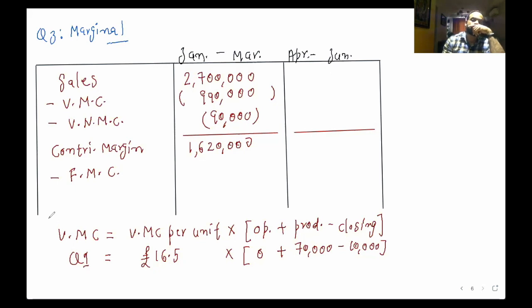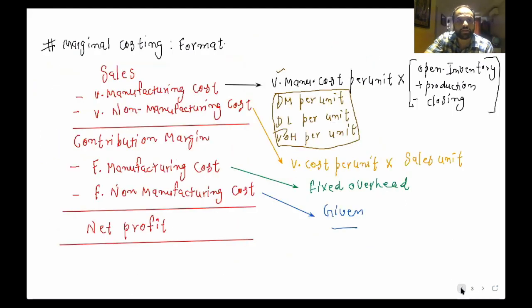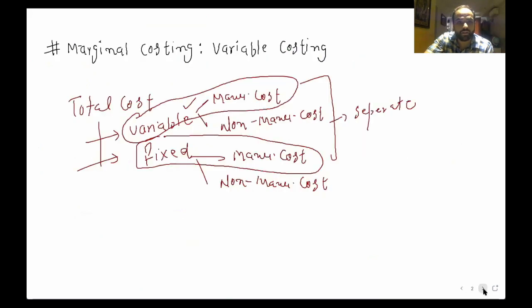No, not 75. Yes, 100,000. Why 100,000? Again, I explained this before, under marginal costing. So I think I have to write it down so you will be sure about it. Let me write down for marginal costing here.